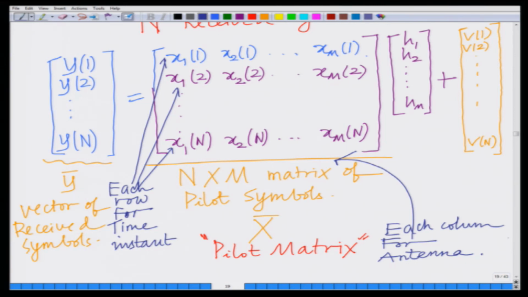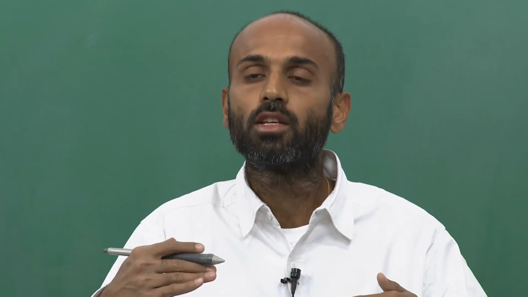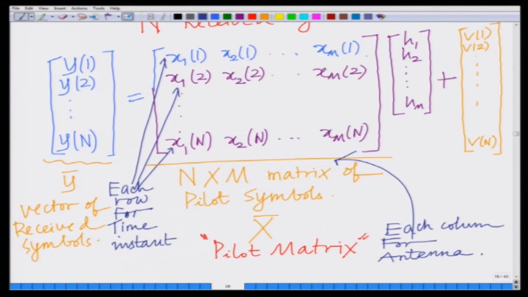So, for instance, at time instant 2, the row is basically x12, x22, so on xm2, which means that x11 is the symbol transmitted from transmit antenna 1 at time instant 1, x22 is basically the symbol transmitted from transmit antenna 2 at time instant 2, and so on until xm2, which is basically the symbol transmitted from transmit antenna m at time instant 2.